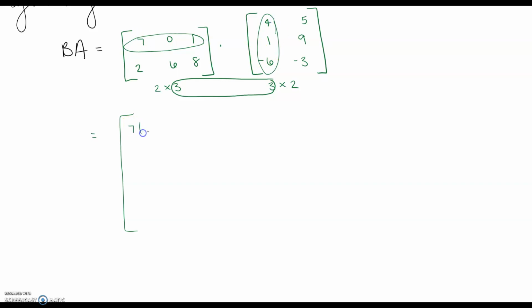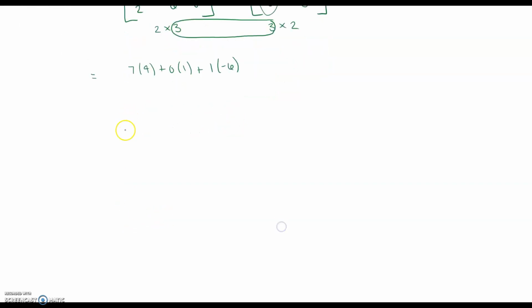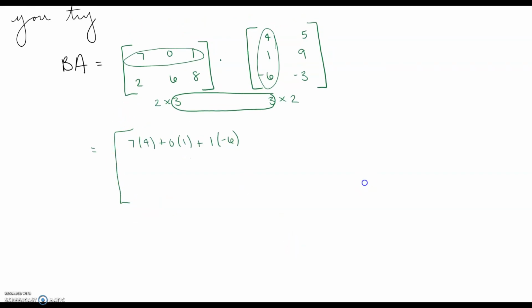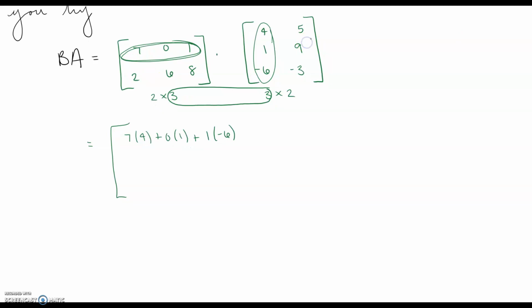So 7 times 4 plus 0 times 1 plus 1 times negative 6. Next, 7 times 5 plus 0 times 9 plus 1 times negative 3.